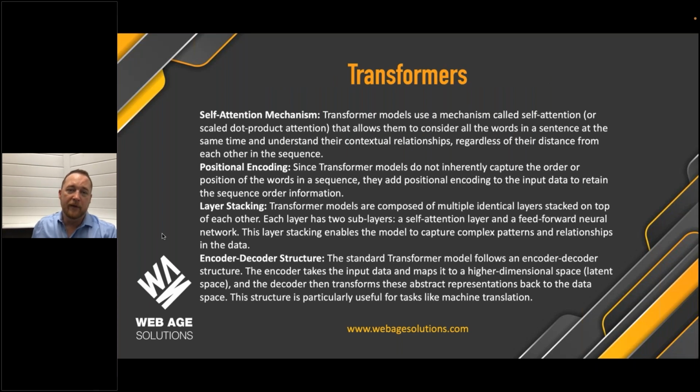Some of the features of a transformer are that it has a self-attention mechanism where it's able to consider the context of the tokens that came before and after the one that it's currently looking at. And so with this, it's able to better understand sequences, like natural language being sequences of words.